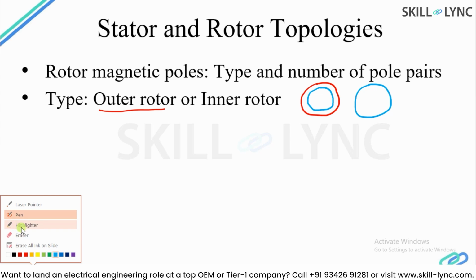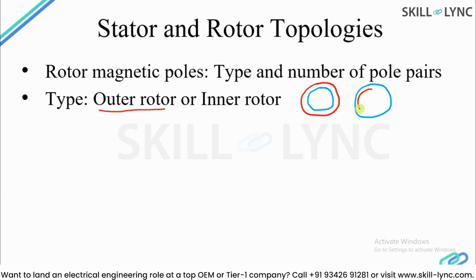So if you consider a ceiling fan motor, basically the ceiling fan motor is of single phase induction motor type, and that is an outer rotor motor. The center of the stator is fixed to the ceiling, and the periphery of this red colored stator consists of split phase winding, and the rotor is basically the blue colored part, and it is connected with the wings, and when the rotor rotates, the wings will also rotate.